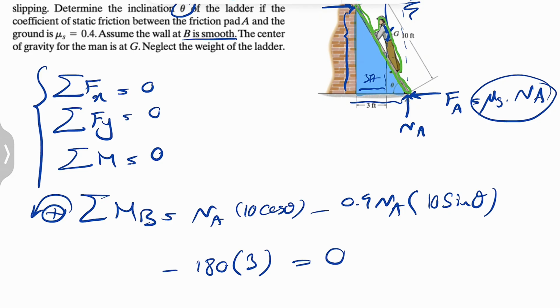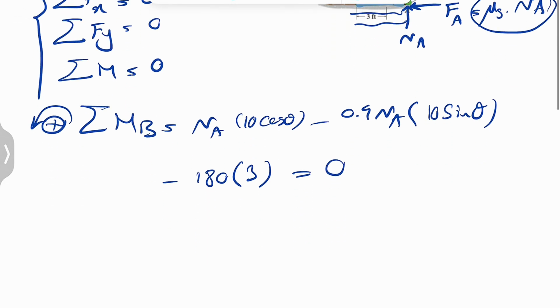Now that I'm thinking, if we go with the moment about A, we don't have this straight distance, we have to subtract the base, which was 10 cosine of theta minus 3. So probably point B is a better option here.